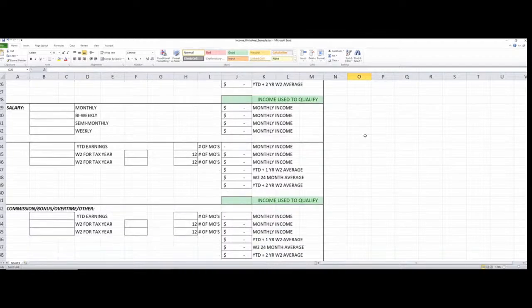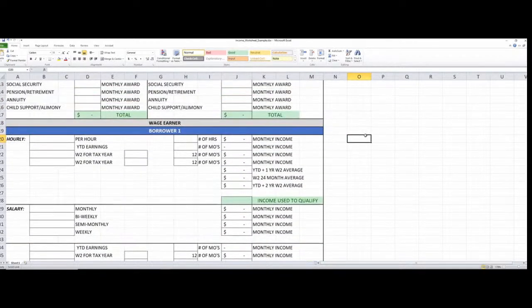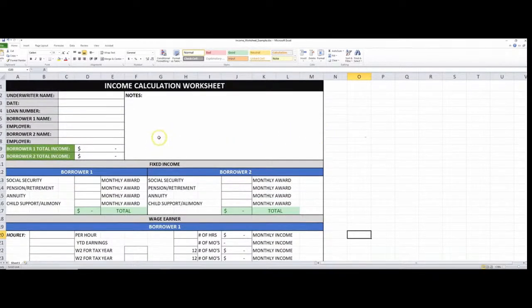Okay. And again, every job has their own setup. So just stay tuned and see what your job provides. And if they don't provide any of them, you feel free to go always on to Fannie Mae, Freddie Mac guidelines. On their site, they do have income calculation worksheets, and you could utilize those.